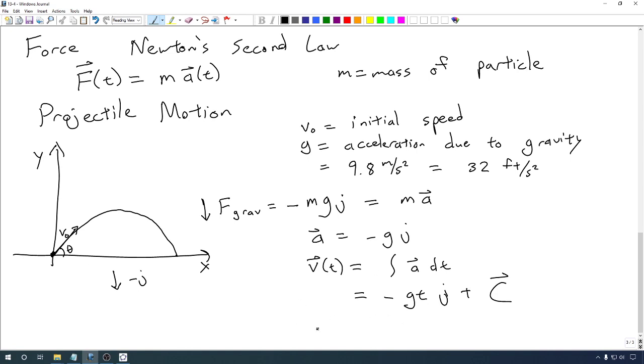So if we plug in 0, the minus gt j goes away, and we just get that vector c. So the vector c is actually the initial velocity, but we need to somehow relate the initial velocity to the initial speed and the initial direction.